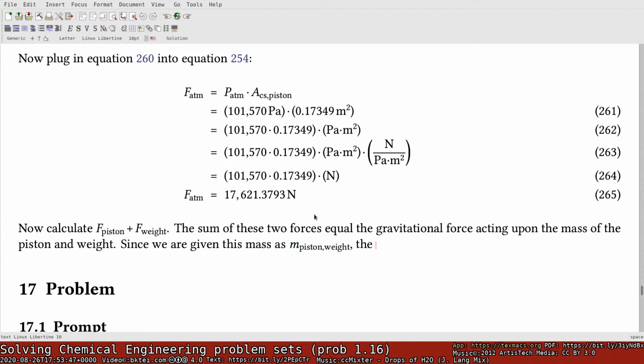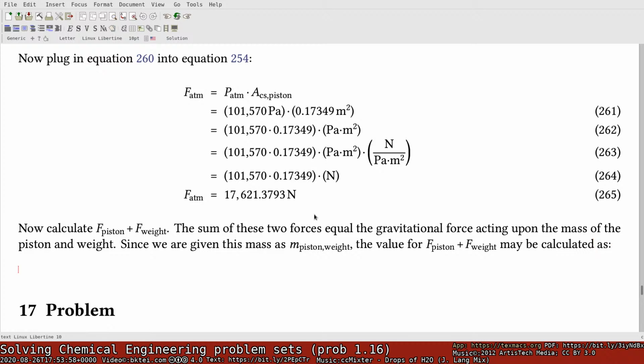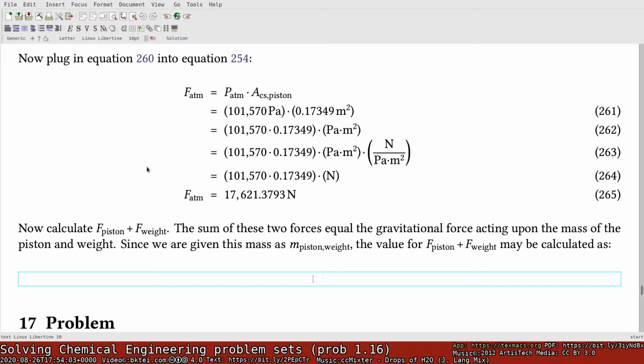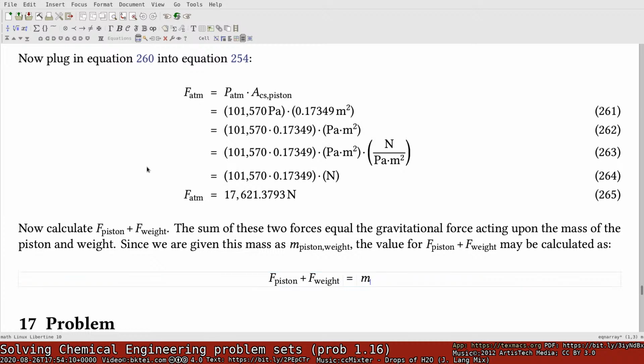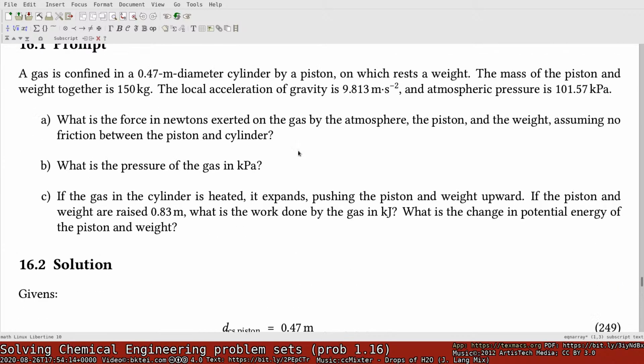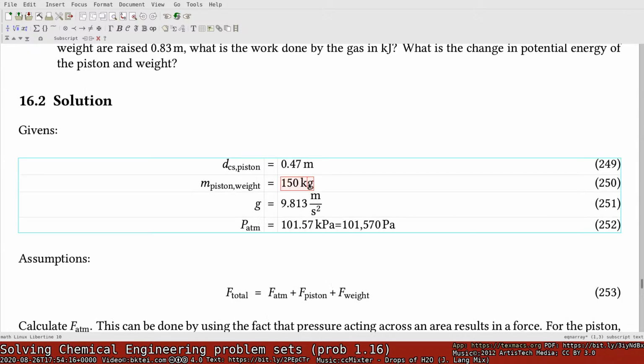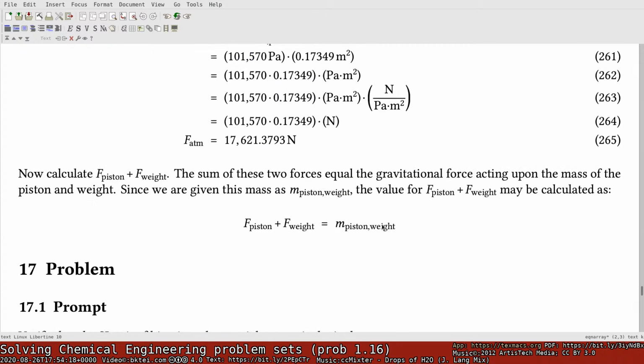The value for that may be calculated as, and then we'll go ahead and add in a little list of equations. That is equal to the mass of the piston and weight. Is that how I wrote it? Mass, piston, and weight? Yeah, and it's 150 kilograms.